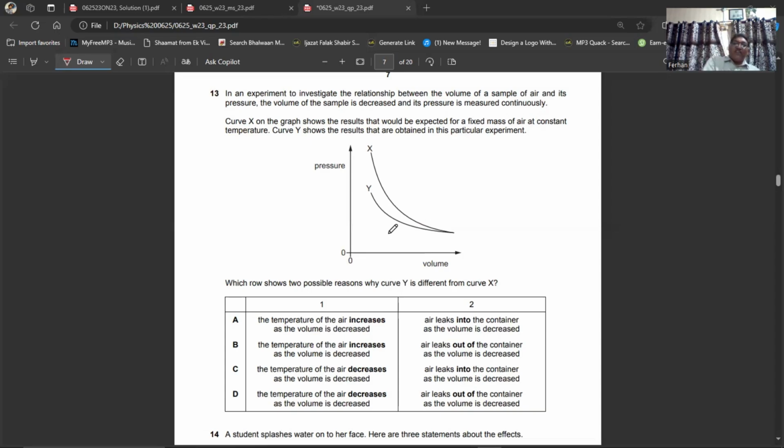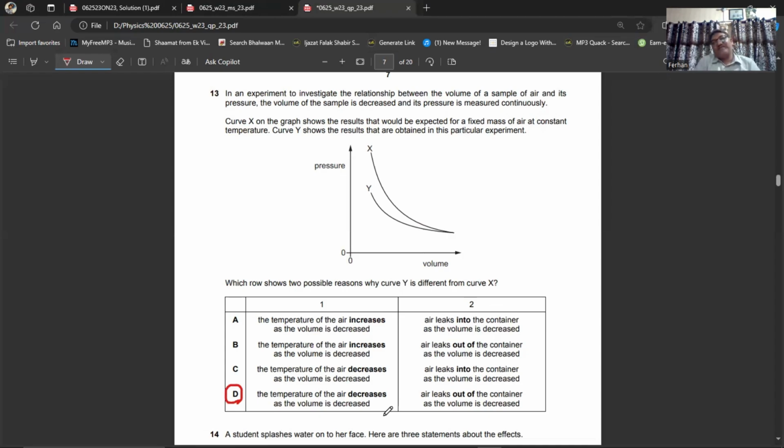So it's a very, very tricky concept. D is the right option, sir. Why D? The temperature of the air decreases as the volume is decreased. Air leaks out of the container as the volume is decreased. The reason is you have decreased the volume of the gas and the pressure of the gas has not increased as much as it was supposed to.